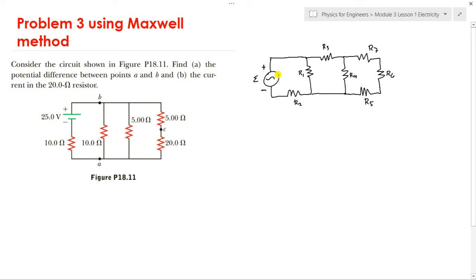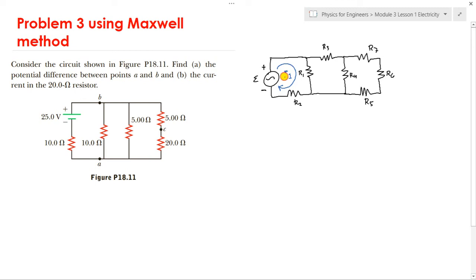And then you can create your own direction of current flow. But for me, I will follow the sign of the terminals. So here, from positive flowing towards negative, and I'm going to label this as my first current, I1.